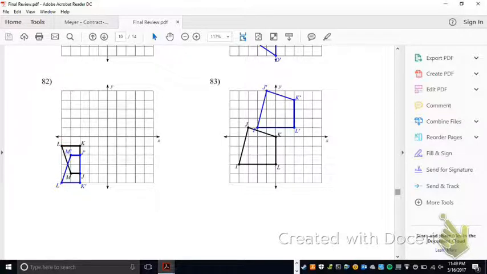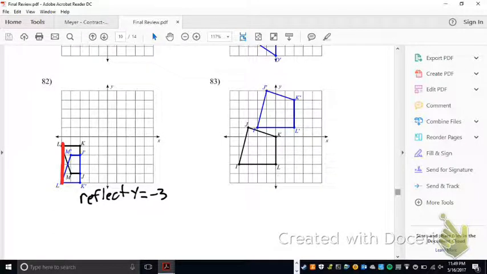We also see that there are 1, 2, 3, 4 spaces in between, which means to get that line, we've got to go 2 spaces, because again, the distance from L to the line of reflection and the distance from L prime to the line of reflection have to be the same. So we are reflecting over the line y equals -3.